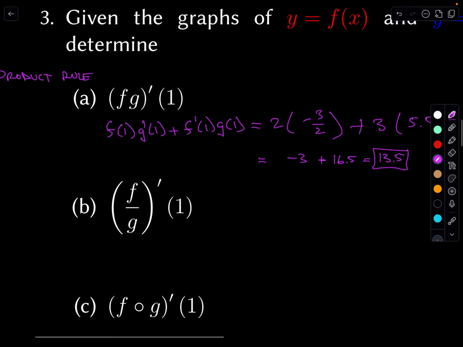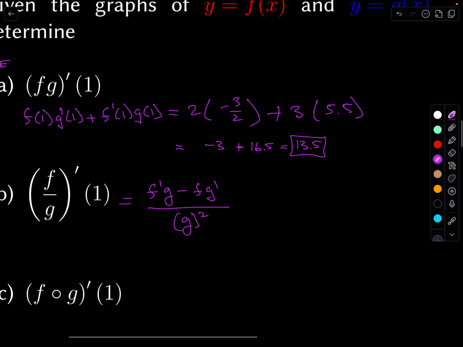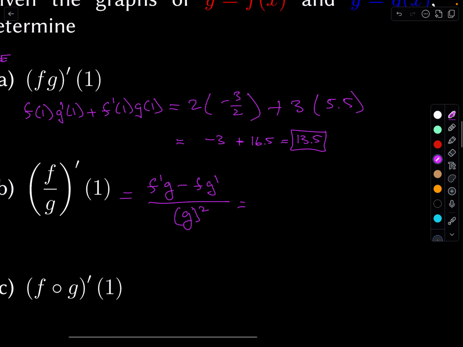Okay, we're going to do the same thing here, but with the quotient rule. So we'll have low d high, so f prime g minus high d low, fg prime over g squared. This is all evaluated at 1. So I'm using the same numbers. Let's see if I can keep them all sorted.